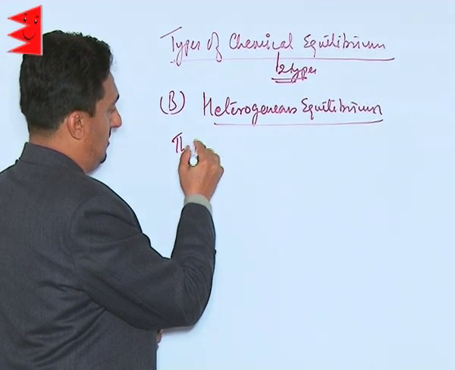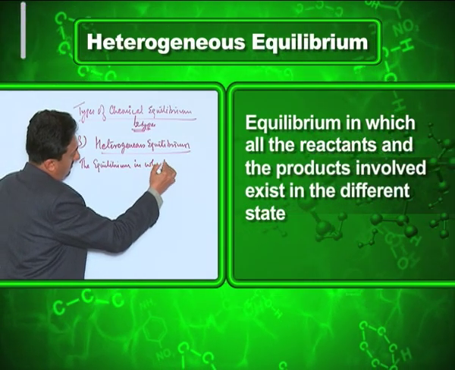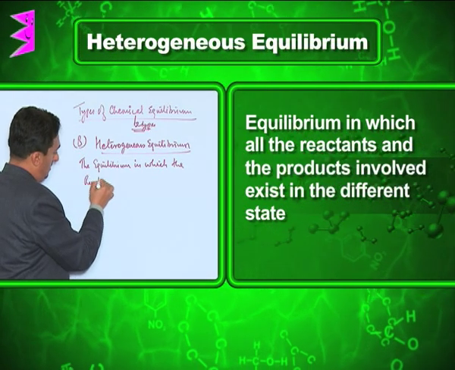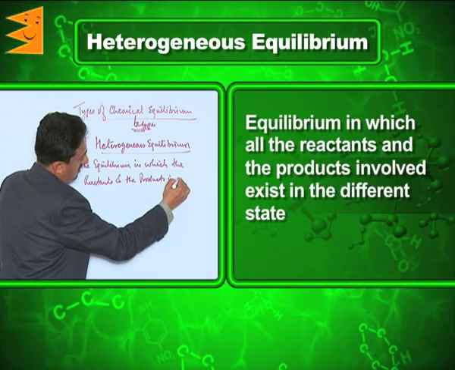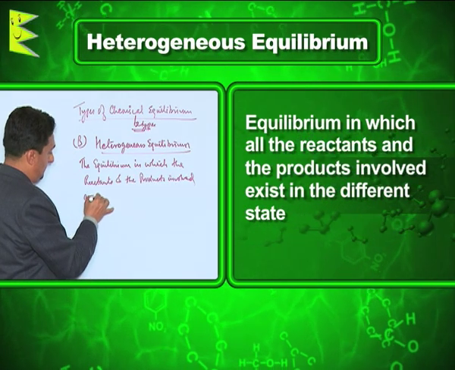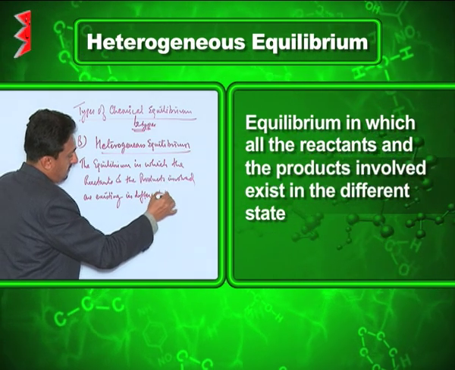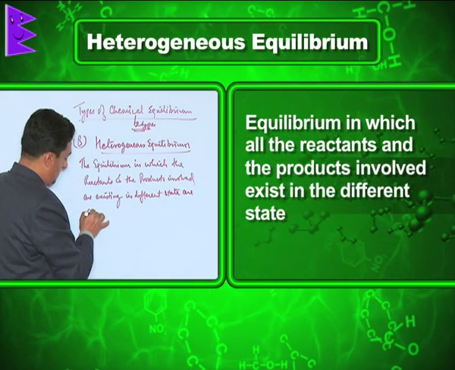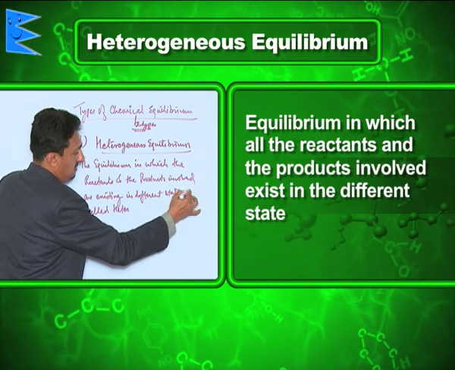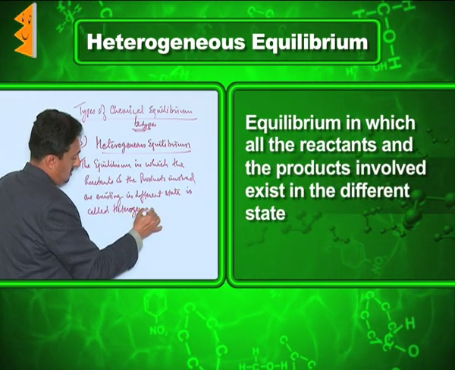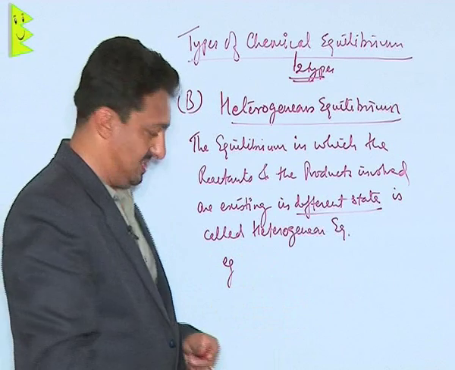So the equilibrium in which the reactants and the products involved are existing in different states are called heterogeneous equilibrium. Different state. They all will not be in the same state.